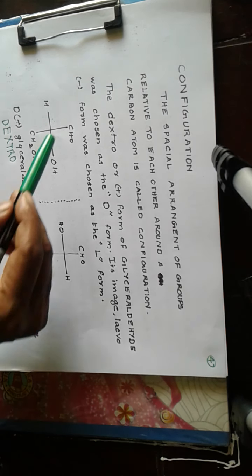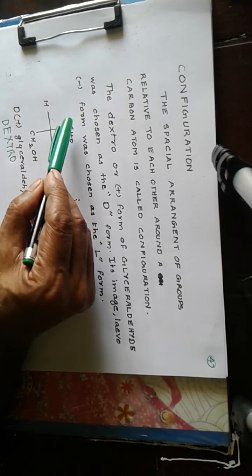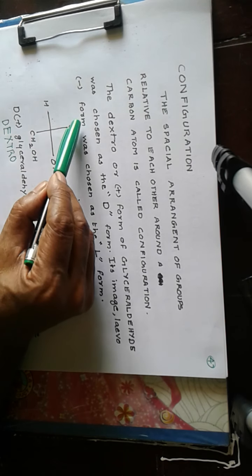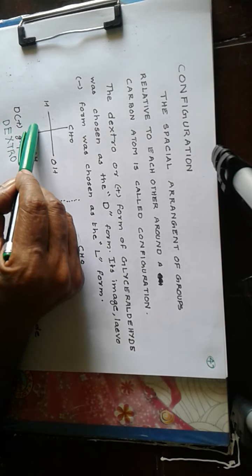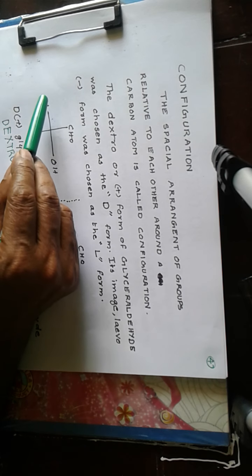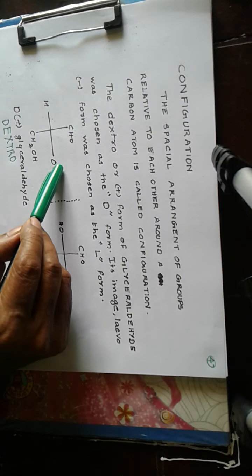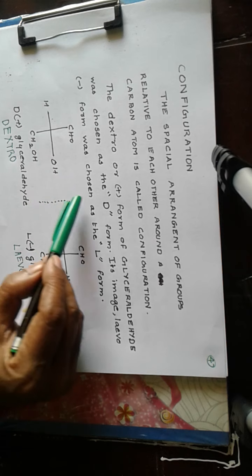So D plus glyceraldehyde has the configuration with CHO at the top, CH2OH at the bottom, H on the left hand side and OH on the right hand side. Now its mirror image structure is called capital L glyceraldehyde.